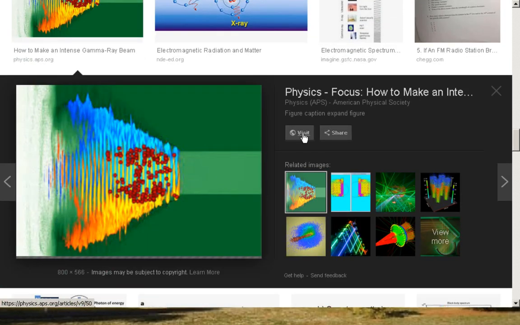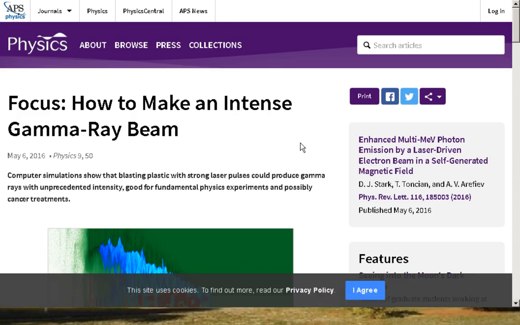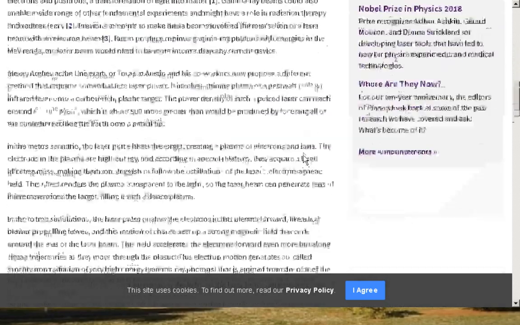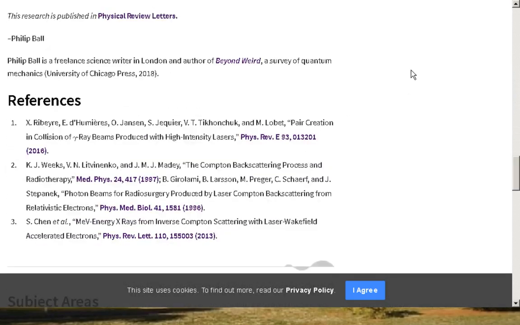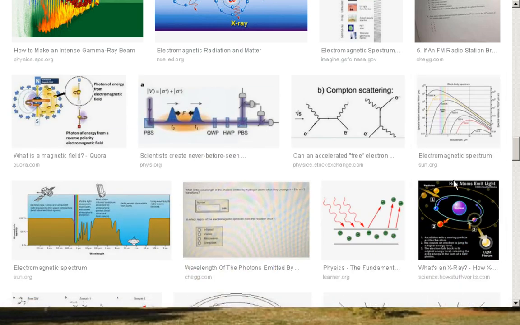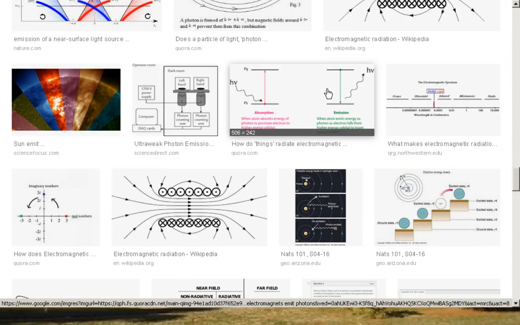How to make an intense gamma ray beam. It's a good picture here.